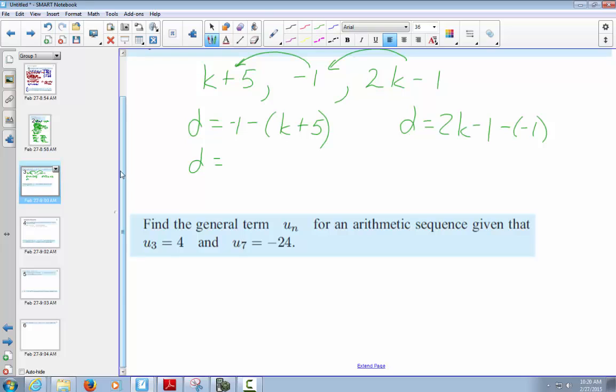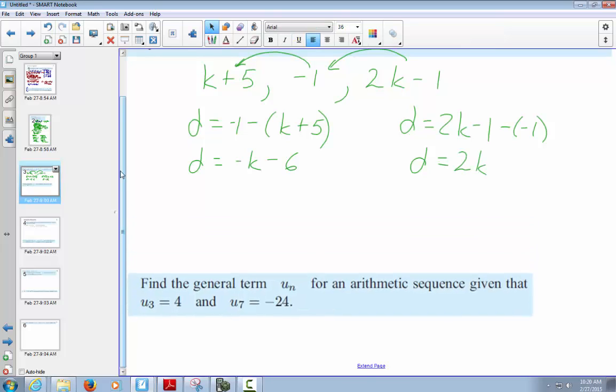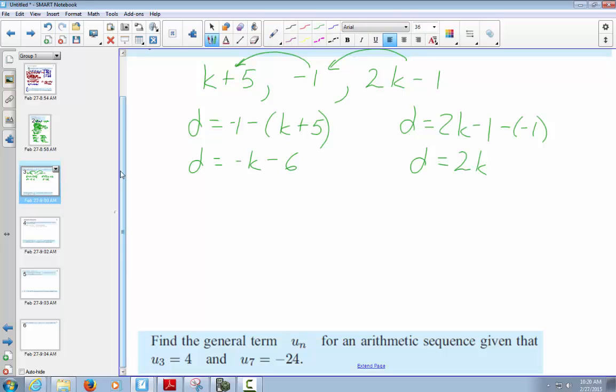D equals negative k minus 6. D equals 2k. Make them equal to each other. 2k equals negative k minus 6. 3k equals negative 6.